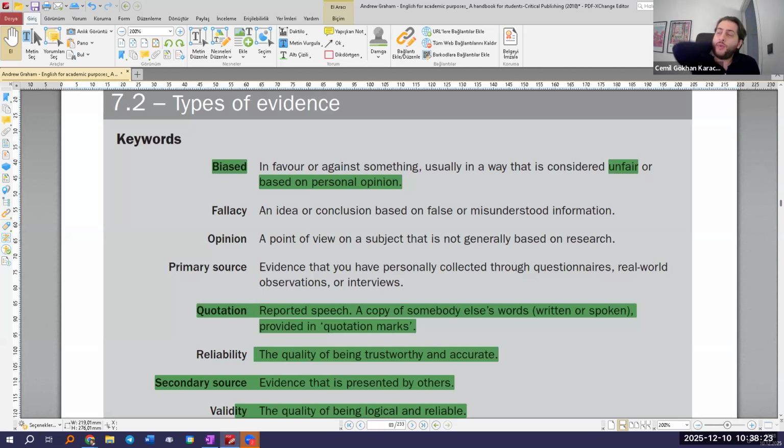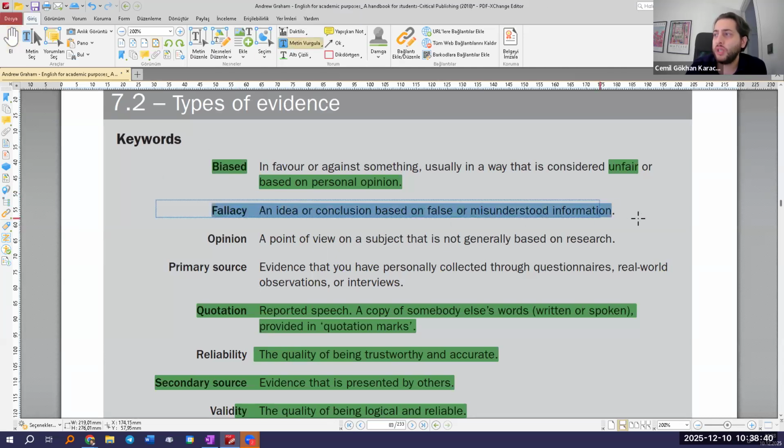If you are in favor of or against something, usually in a way that is considered unfair or based on personal opinion, it's called bias. And fallacy is an idea or conclusion based on false or misunderstood information. And opinion is opinion, you know it.